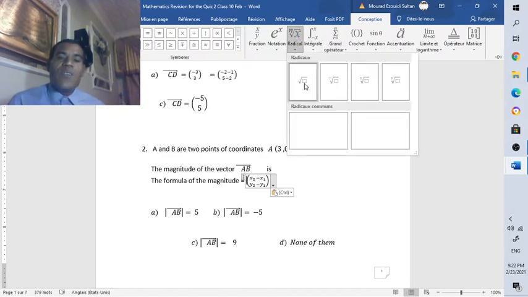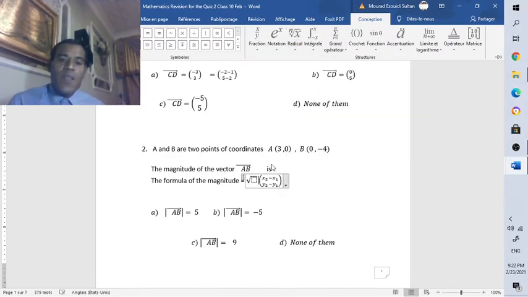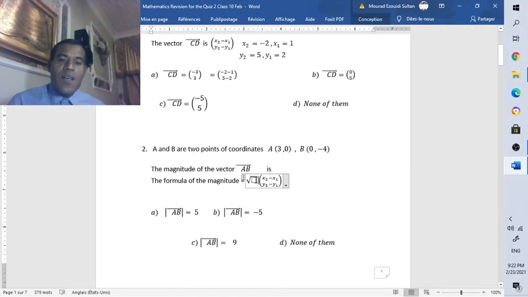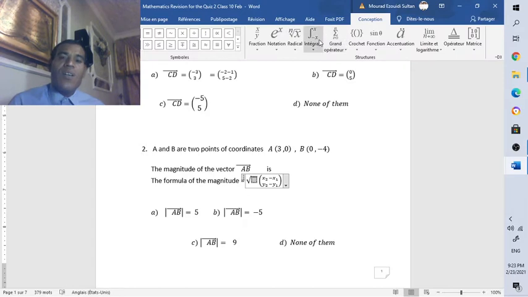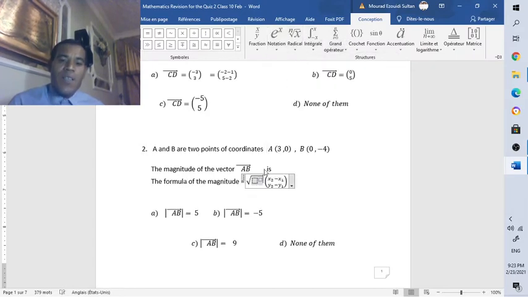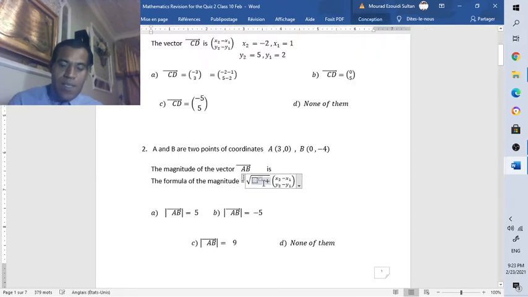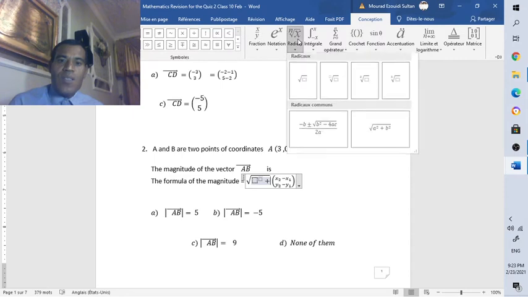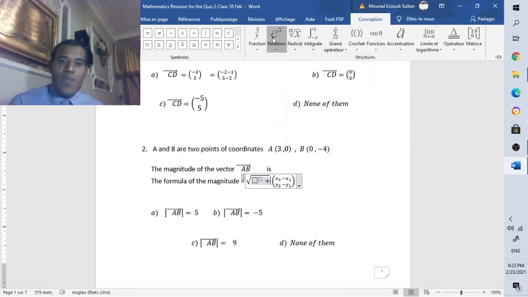This is the square root, my learners. Then inside the square root I will insert a square number like that, and then also a plus with another expression.